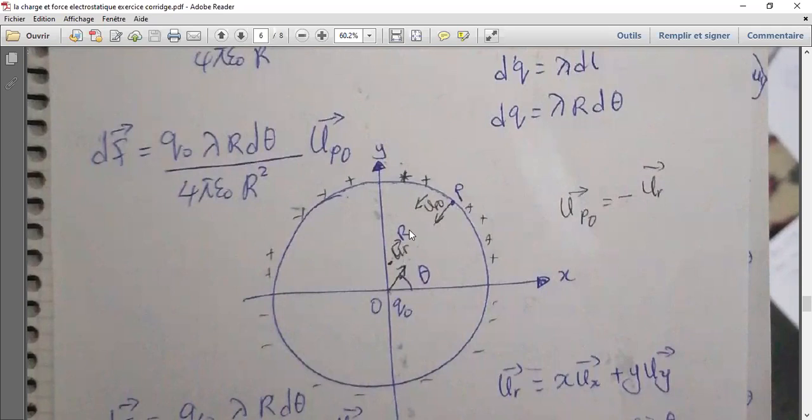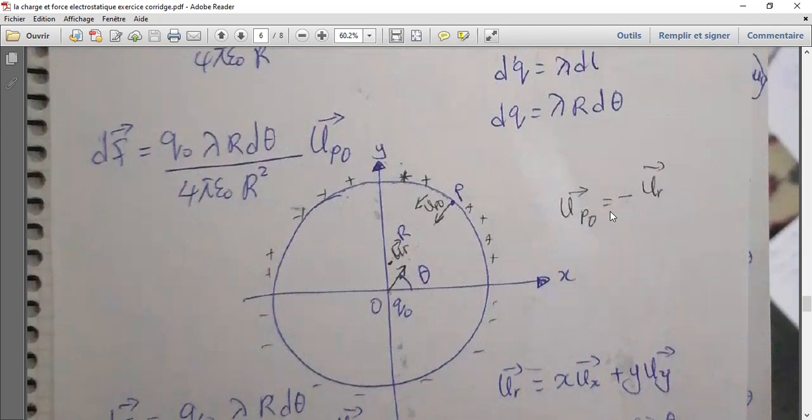But in this case, since they have said the radius between O and P is R, I will represent it as UR, which moves from the center going outward. So the vector UPO is equal to negative UR, because the vector UPO is opposite to the vector UR.